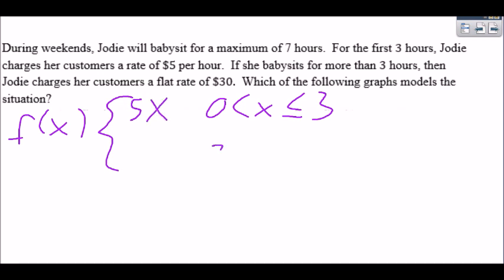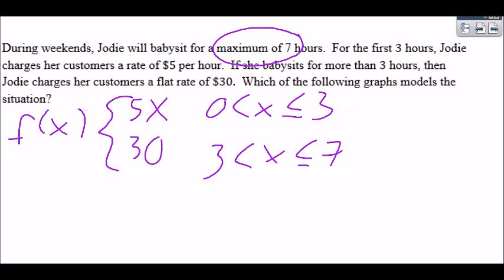And then from 3 hours to 7 hours, because that's her maximum, she charges $30 no matter what. So that means the price limits from here are 0 to $15, because 3 times 5 is 15. And then if she jumps up the next window, it's going to be $30 no matter what.